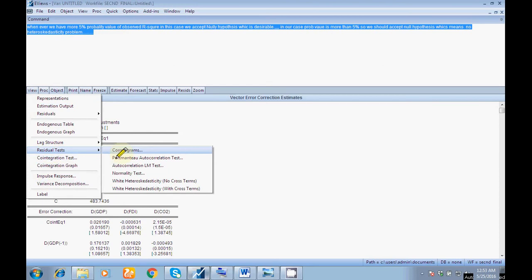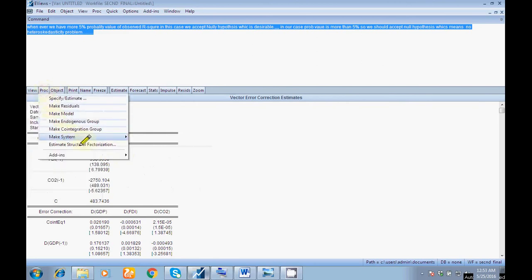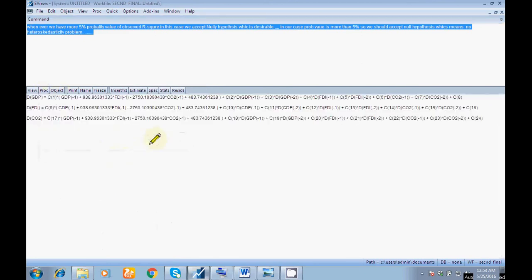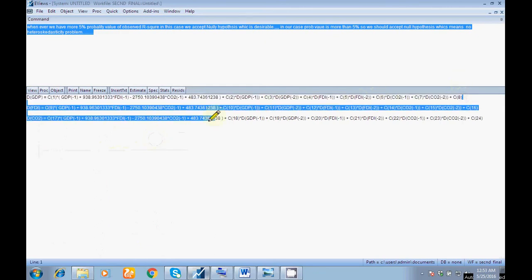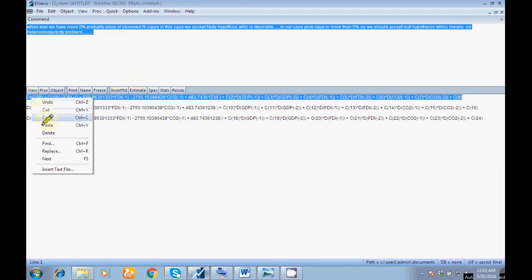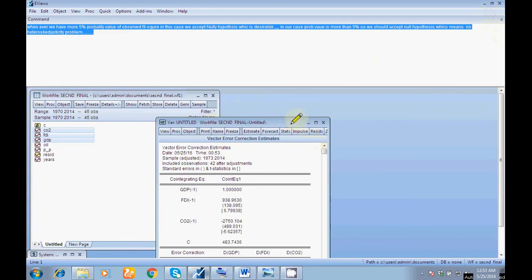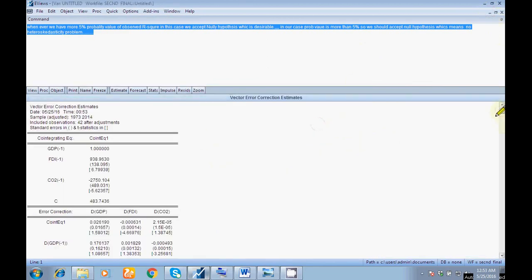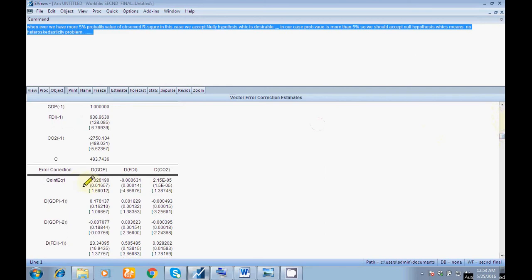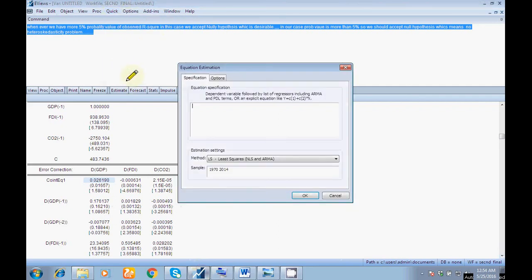What if I want the Breusch-Pagan test? For the Breusch-Pagan test, go to Proc, Make System, order by variables, copy the first equation. Here I copied it, and you can see the equation value is 0.02. Again go to Quick, Estimate Equation, Run.